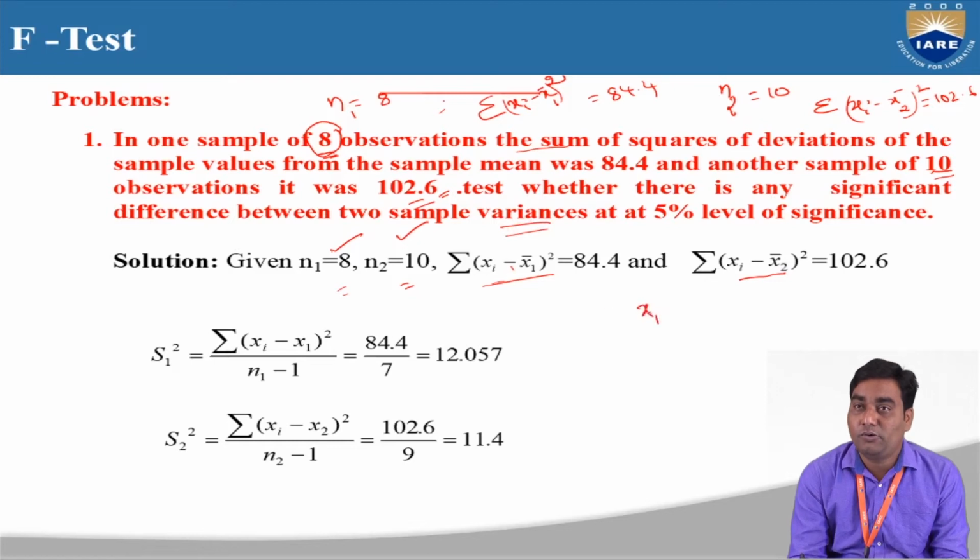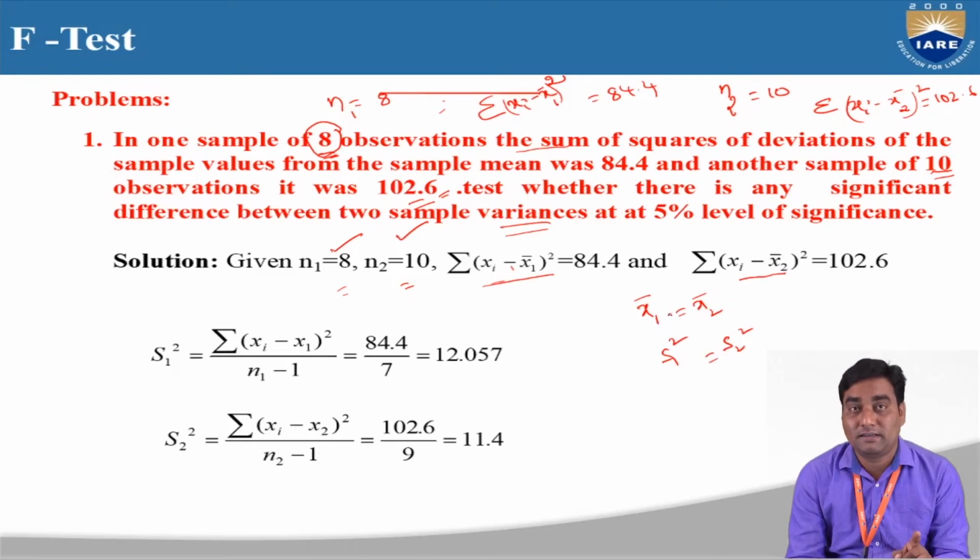See, if we have 2 samples, we have x1 bar, x2 bar and s1 square, s2 square. These are the means, these are the variances. To test whether there is any significant difference between 2 sample means, we use t-test for difference of means, which we discussed in the previous session.